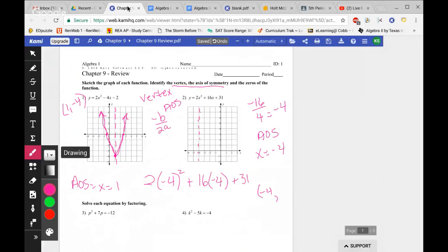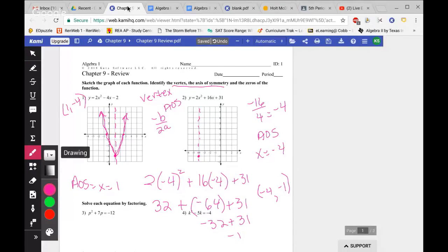So negative 4 squared is 16 times 2 is 32, plus 16 times negative 4 is going to be negative 64. Is that what you got? Plus 31. So negative 32 plus 31 gives you a negative 1. Is that what you got? Yes. Cool. Makes me feel better when somebody else gets the same answer as me.